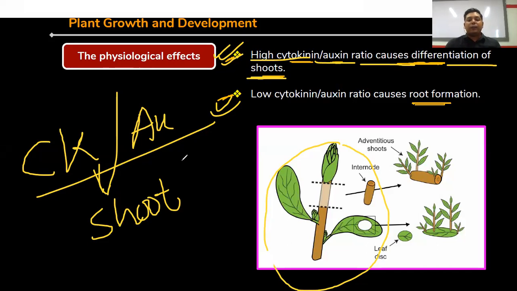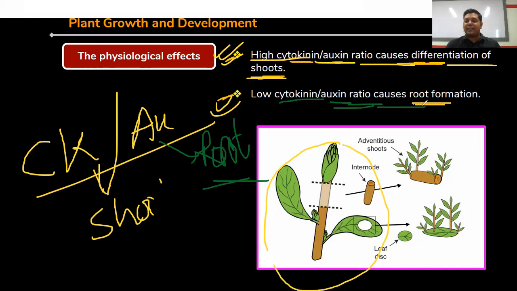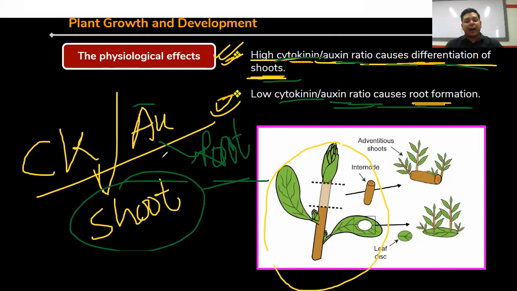Clear? And when the auxin ratio is higher, then root differentiation or root formation is higher. So a low cytokinin to auxin ratio causes root formation, and a high cytokinin to auxin ratio causes differentiation of shoots. Higher cytokinin, higher shoot formation; higher auxin, higher root formation, because auxin is involved in root formation.